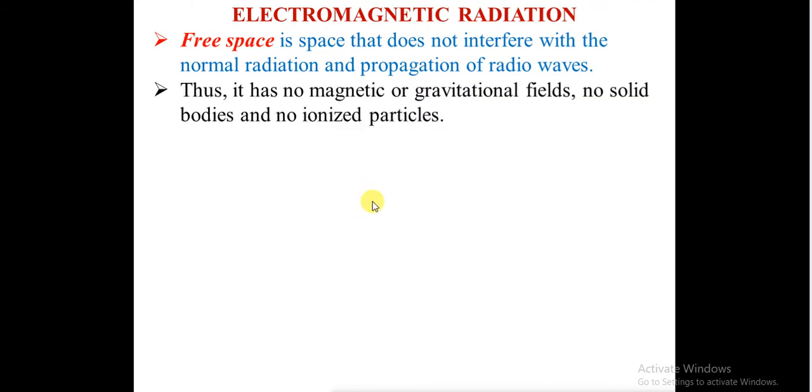It has no magnetic or gravitational fields, no solid bodies, no ionized particles. If there is no magnetic field, no gravitational field, no solid bodies, and no ionized particles in the space, it will not interfere with our information signal, and hence it is called free space.